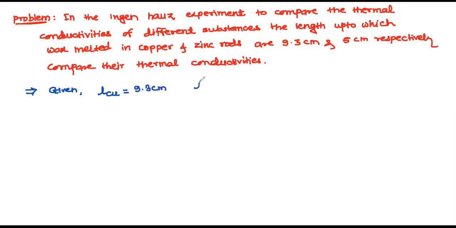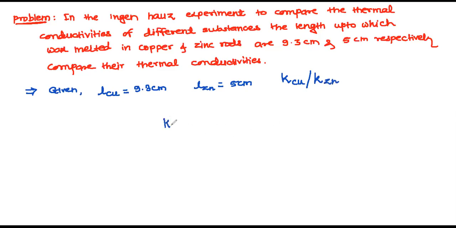Okay, next they have given length of zinc rod. So how much is this? 5 centimeter. Next what he is asking, K of Cu to K of Zn you have to do.